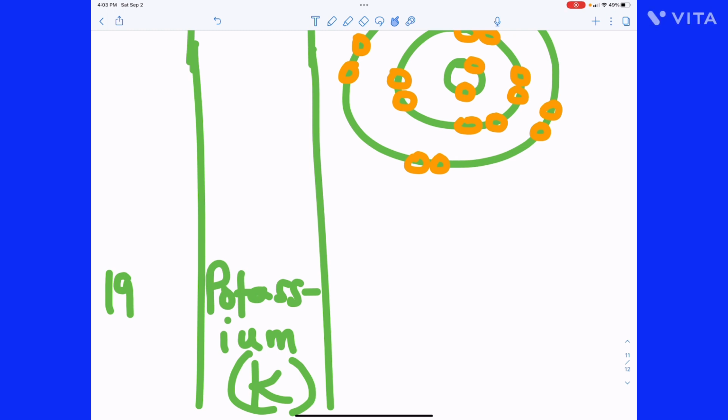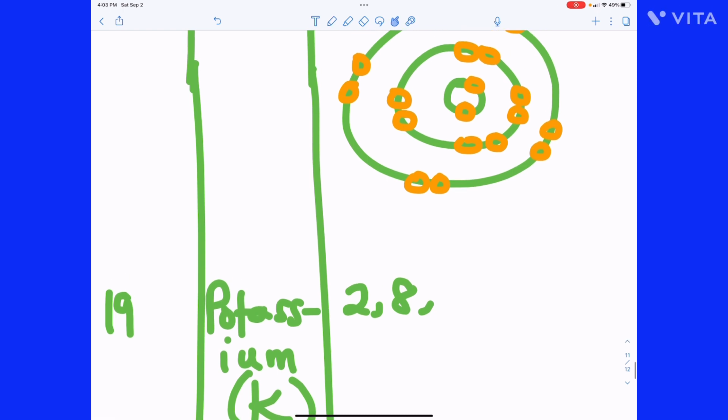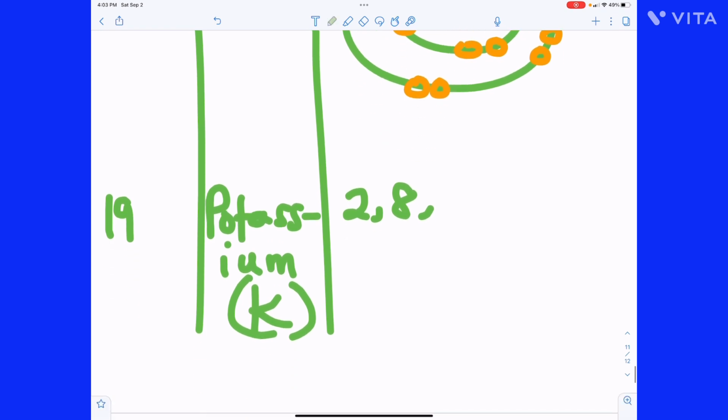Now there's an exception here. Normally for potassium, I'm supposed to fill it 2, 8, 9, because this third shell can take 18 electrons. But we don't fill all the 9 electrons into the third shell. We fill it 2, 8, 8, 1. After filling the first 2 shells, it is only 8 out of the remaining 9 electrons that go into the third shell.